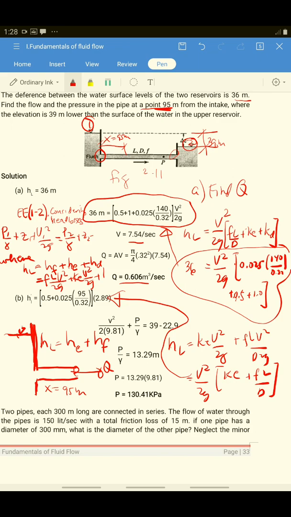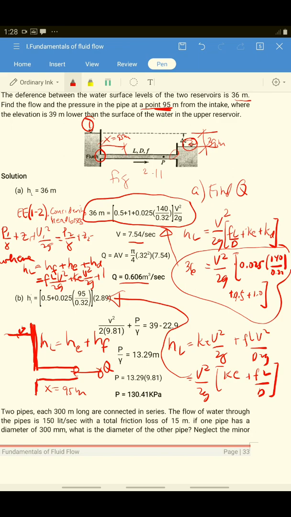So you have 0.5 plus 0.025 times 95 divided by 0.32, times 2.89.